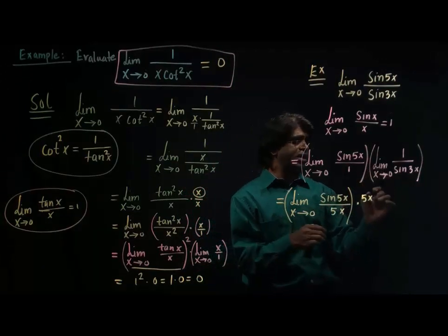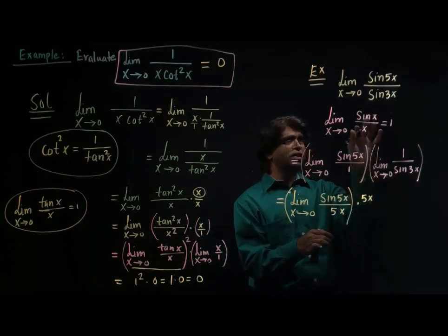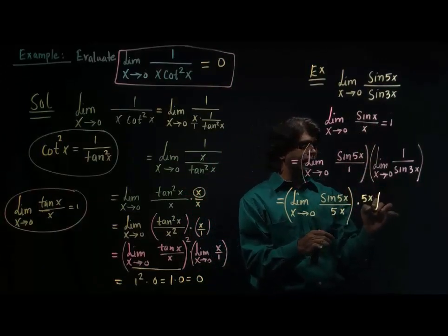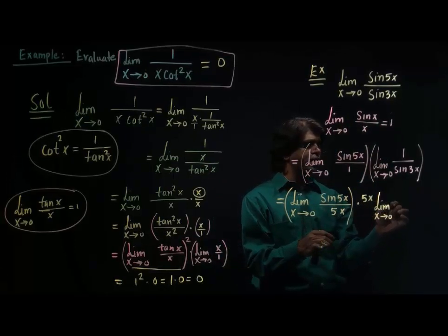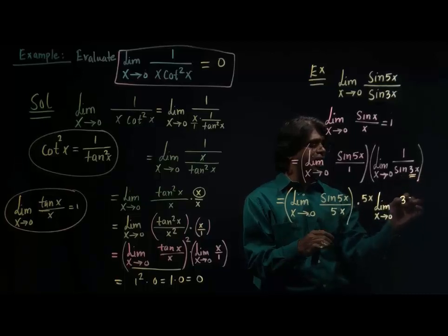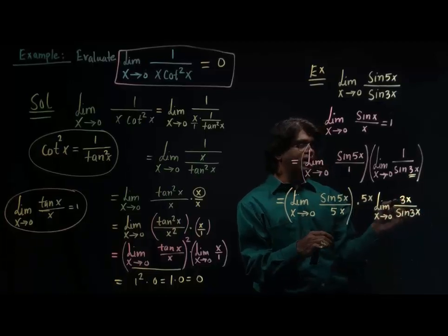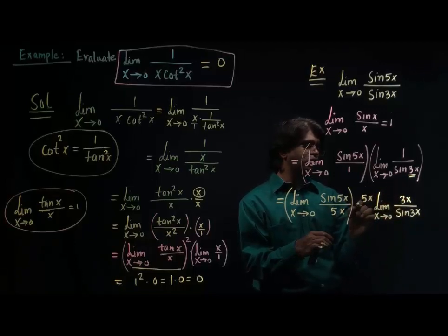And the same way, I want to convert this one in this form, so I'm going to write limit x tends to 0, right? And I will write 3x, because I have 3x over here with the angle of sine, so I will write 3x over sine 3x. So as you can see, I'm considering 3x, which is basically what? I'm multiplying the numerator by 3x, so I should divide by 3x too, right?